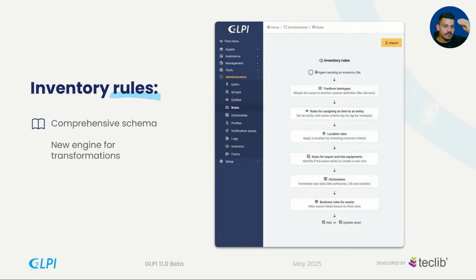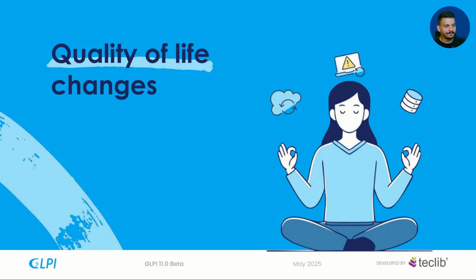So if it's not coming from the GLPI agent, it will use the tags to transform this item. This is just a way to make it clearer how all these rules work in GLPI 11. And if you have any other ideas on how to make it even clearer, we are more than glad to have your feedback on this.